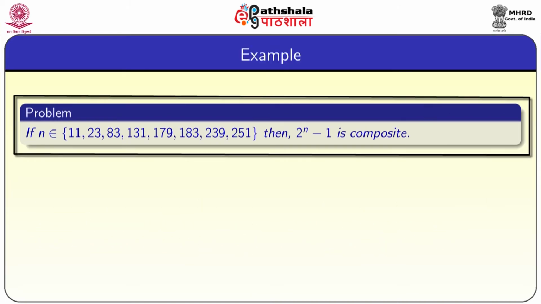So, now we will look at another example. It says that if n belongs to 11, 23, 83, 131, 179, 183, 239 or 251, then 2^n minus 1 is a composite number. So, here it looks like there is no need of quadratic residues, but by using quadratic residues problems of this type can be solved very easily.